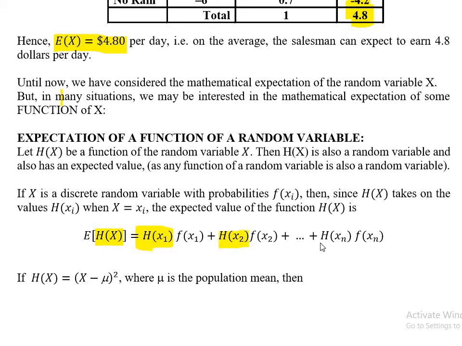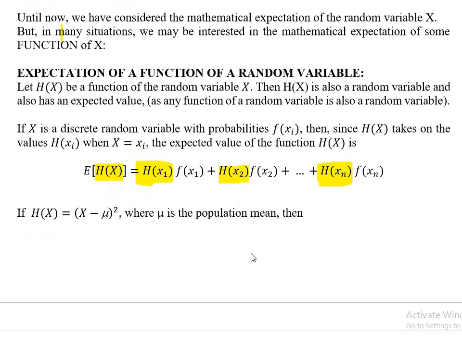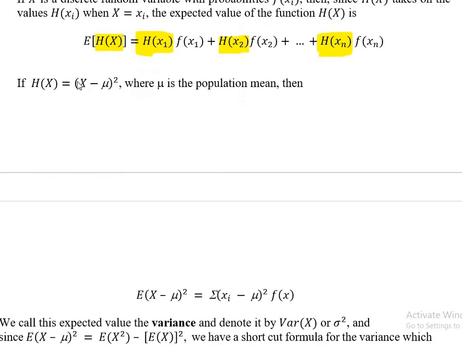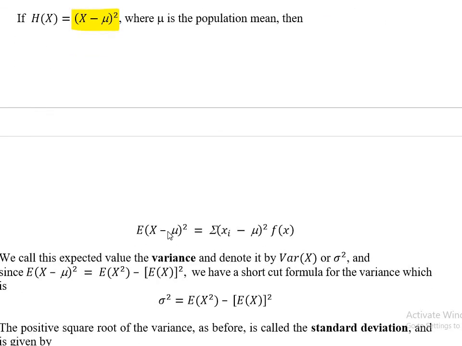You see, h at x2, h at xn. So, for example, if you want to find the expected value of (x minus mu) whole square, you can find that. You can multiply (x minus mu) square with f(x) and take the sum. It will give you the expectation of that.